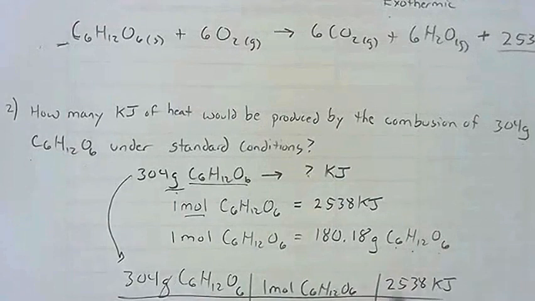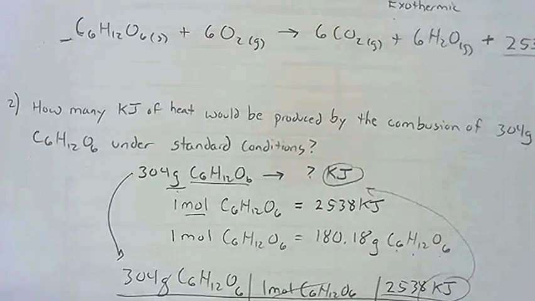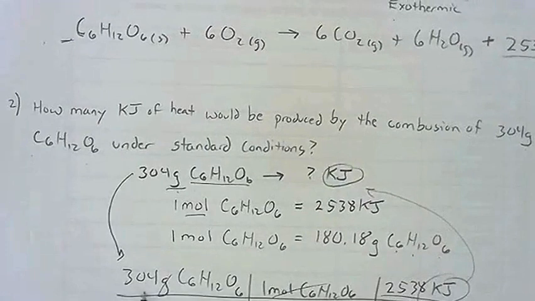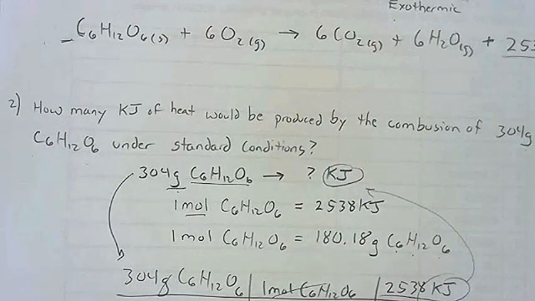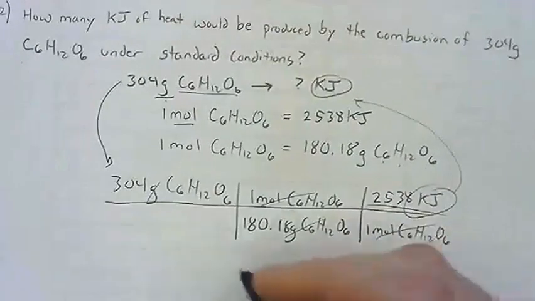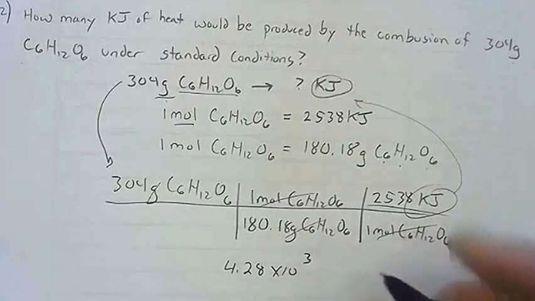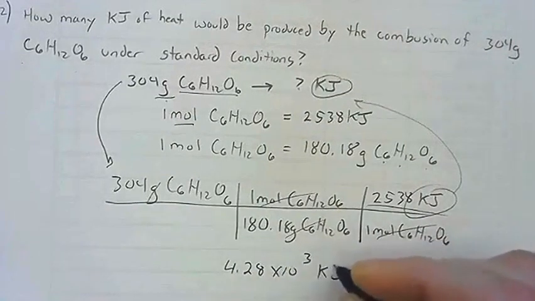Grams cancel with grams, moles with moles. I'm left with that number of kilojoules, which is exactly where I want to be. So I take 304, divide by 180.18 times 2,538, and I get as my answer 4.28 times 10 to the third kilojoules of heat being produced.